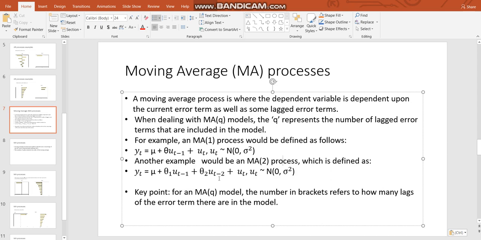and so the key point to take away is that when you see the number in brackets, that just means the number of lags. So if you had an MA3 process, you'd have another error term value, and it would say ut minus 3, for example.